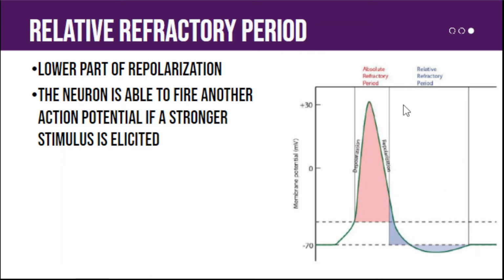And during the time of relative refractory period, the neuron will be able to fire another action potential if a stronger stimulus is elicited. So sometimes, kahit wala pang hyperpolarization, pag naka-receive ng strong stimulus, gagawa ulit yan ng action potential. At kahit mas malakas pa yung ma-receive niya, pantay lang yung resulta ng action potential niya. Same lang yung result sa threshold and supra-threshold stimulus. Diba? Sabi natin kanina.